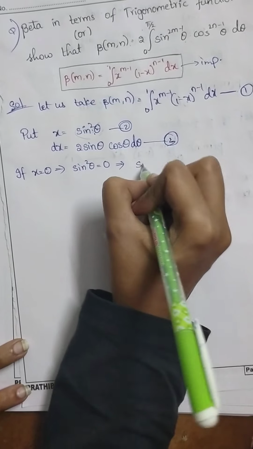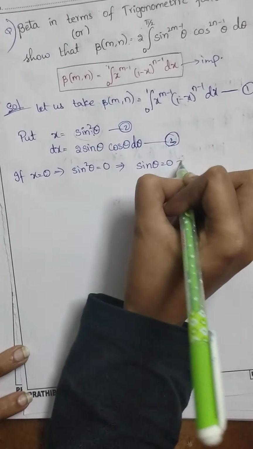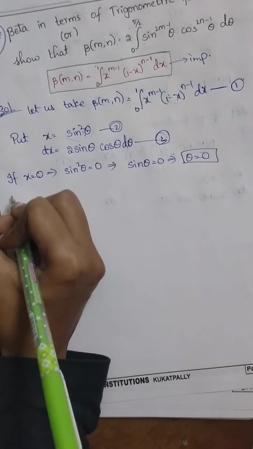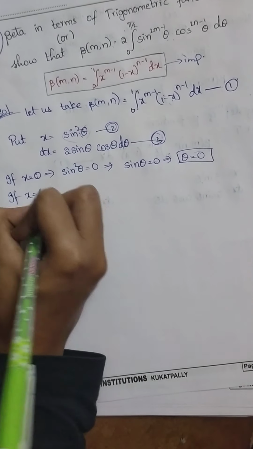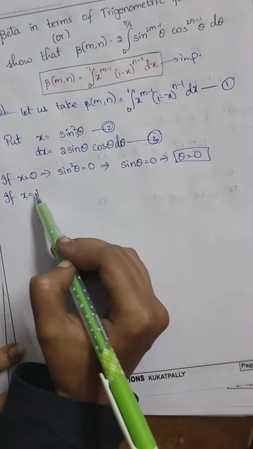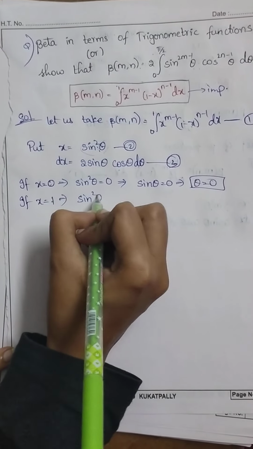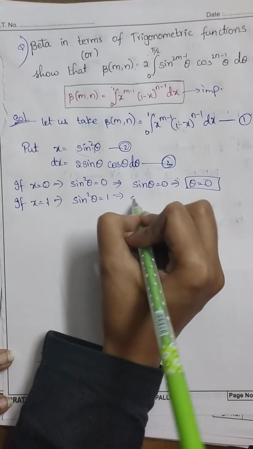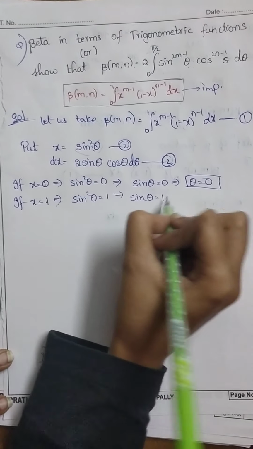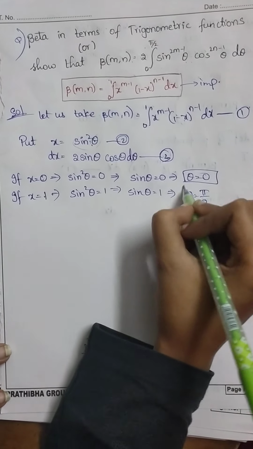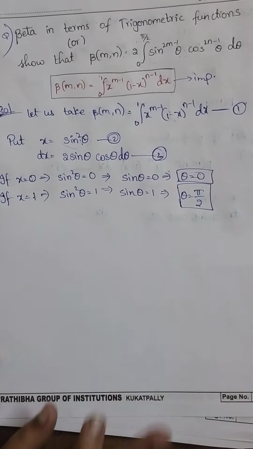Then we get sin theta equals 0, so theta equals 0. Now if x equals 1, sin square theta equals 1, sin theta equals 1, then theta equals pi by 2, since sin 90 equals 1.